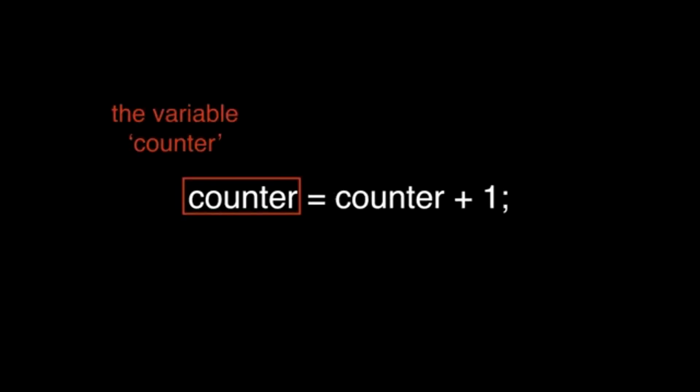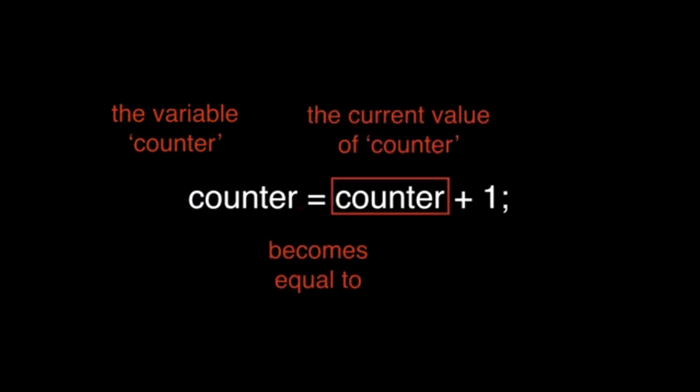So I'm taking my variable counter and setting that equal to the current value of counter + 1. So I'm taking counter, adding 1 to it, and putting it back into counter so that I've got a new value for counter, which is 1 more than it was before.